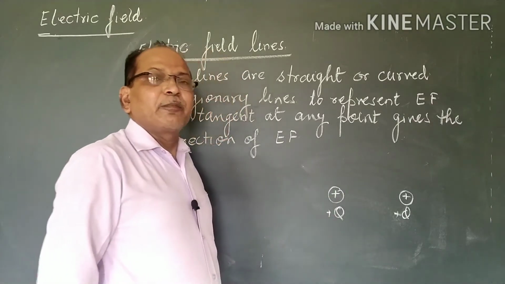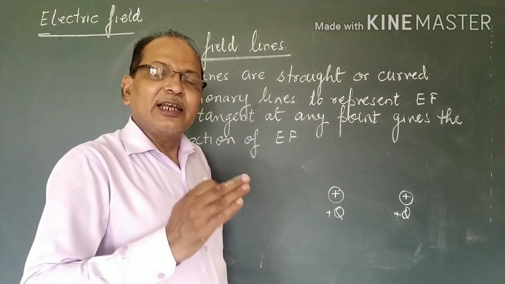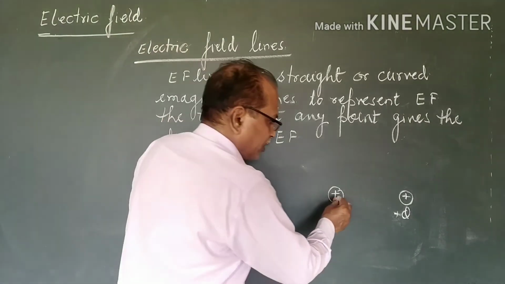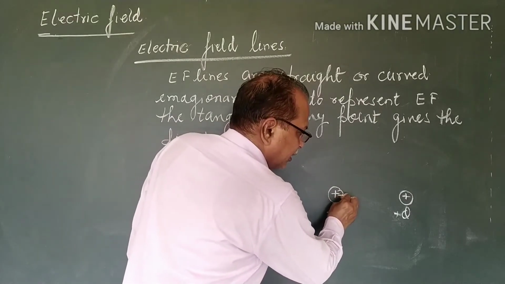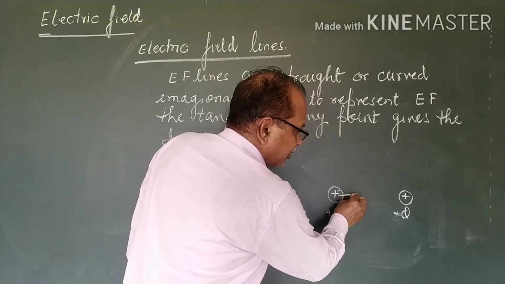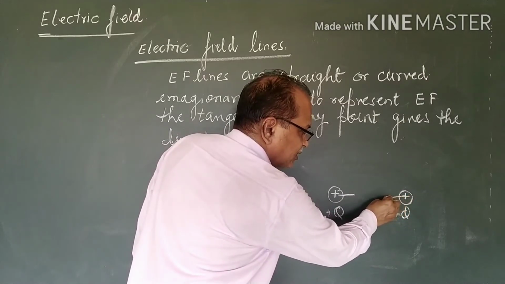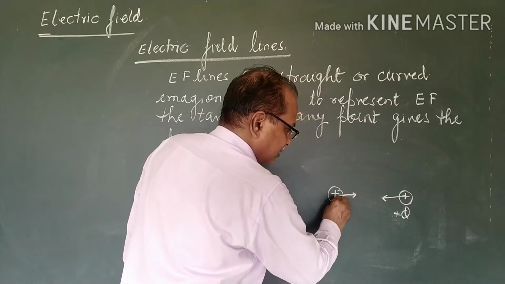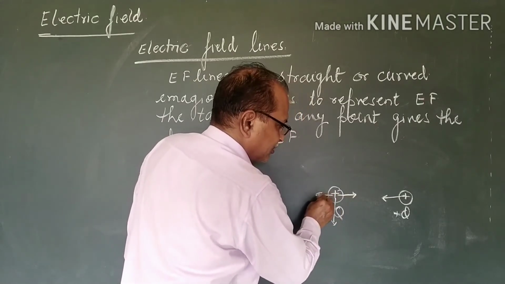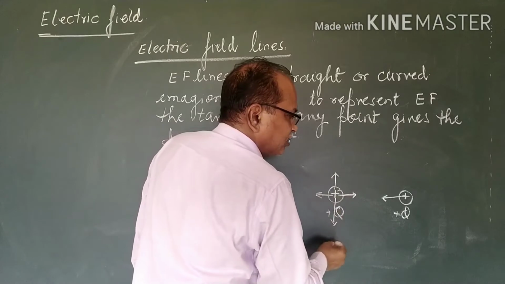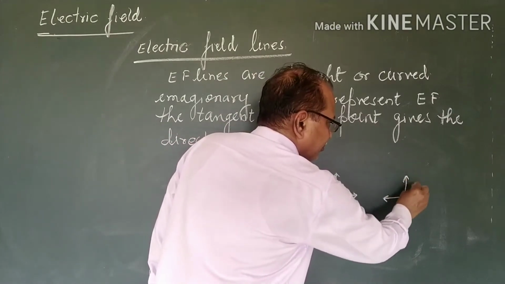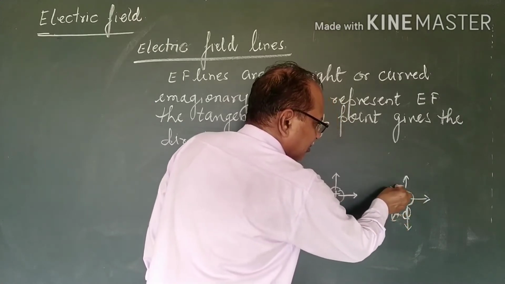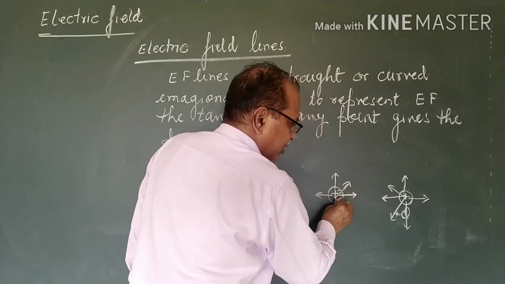You have seen that if the plus charge is there, electric field lines move away from the charge. Now see, these electric field lines move away from the charge like this, like this, and here like this. It moves away from the charge.